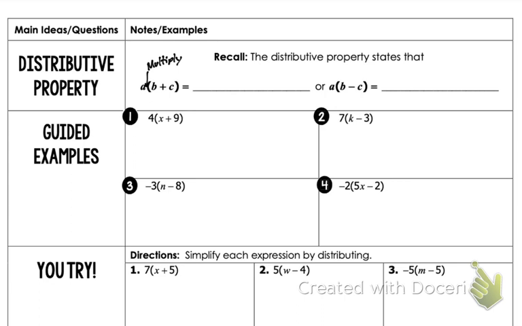So the distributive property works like this. You're going to take this A, multiply it by that B. That will get you A times B. But we have that C there, right? I haven't used it yet, so notice how we have B plus C?